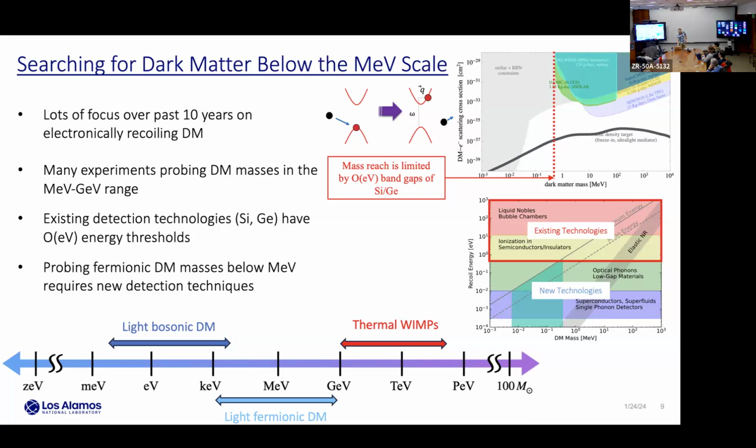So what that means is if your dark matter is trying to excite an electron up to the conduction band, it has to have at least the kinetic energy of that gap to provide it enough energy to go beyond that forbidden region. And so if your band gap is 1 eV in silicon, you cannot be sensitive to dark matter below a mega-electron volt.